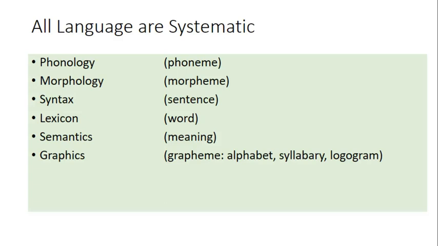So, for example, you might have a different symbol for ka, ku, ki, ke. The Sanskrit writing system and the Korean writing system are both examples of syllabaries. And then there are logograms, less accurately called ideograms, such as we find in Chinese and Japanese writing.